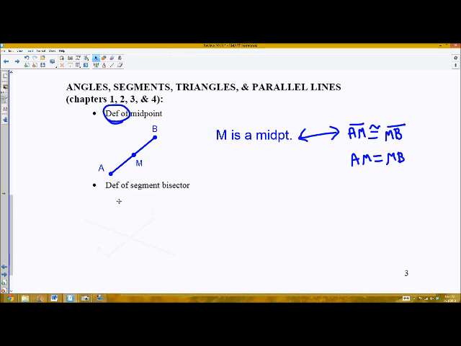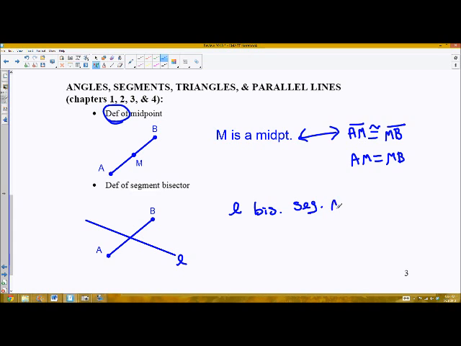Segment bisector. If I have something which is bisecting the segment, I'm going to give it a name, say L. Say this is line L, and it bisects this segment. Well, L bisects segment AB if and only if, which is again one of those biconditionals.